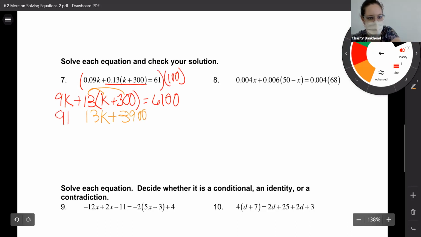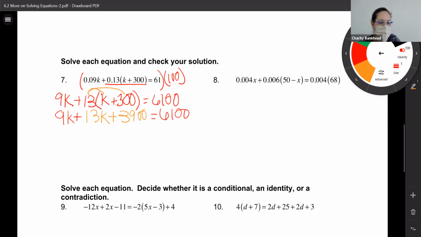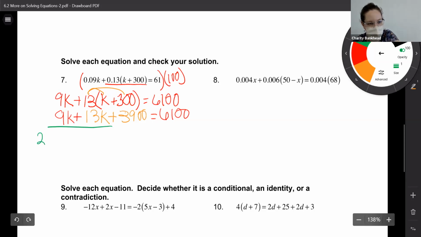So I have 9K plus 13K plus 3,900 equals 6,100. All right, and then I'm going to combine the like terms. So 9K plus 13K equals 21K. And I'm going to bring the rest down. So 21K plus 3,900 equals 6,100.